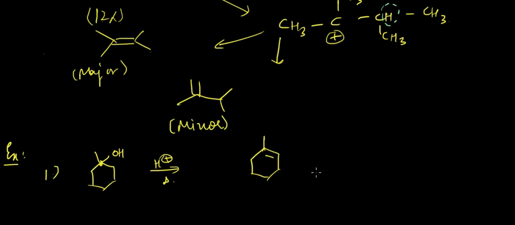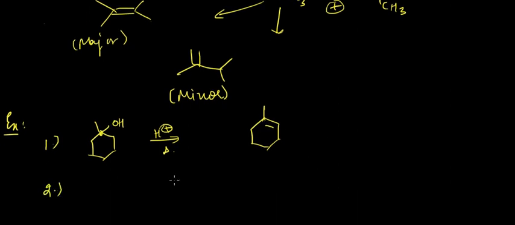Okay, and the second one is, suppose we have something like this. Now in this case we again provide acidic medium and heat it. So what would be the product? We can have 3 products here.